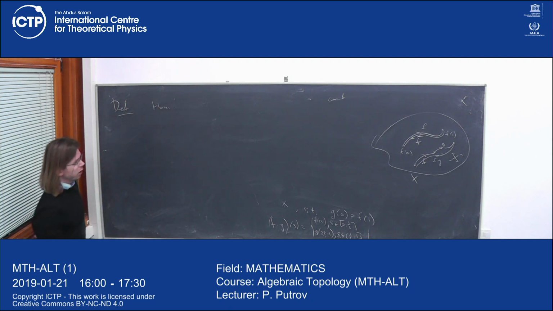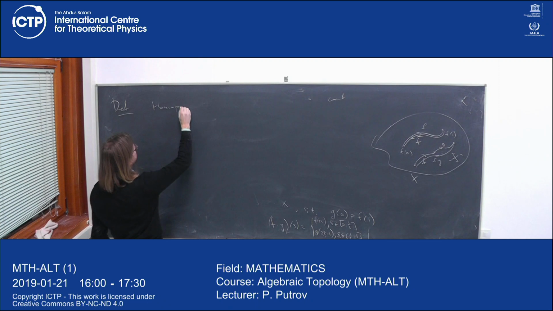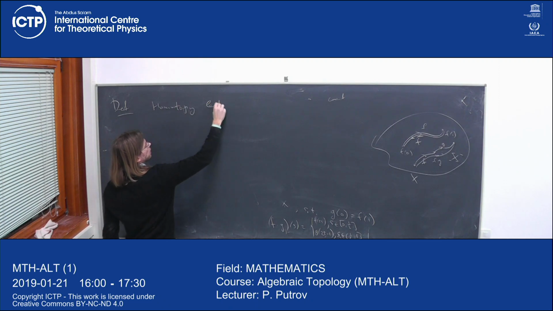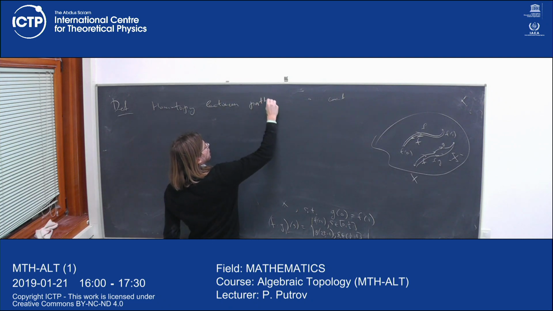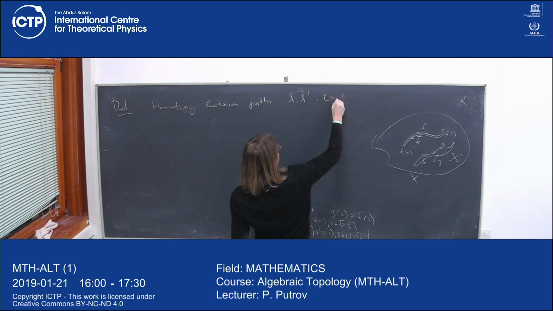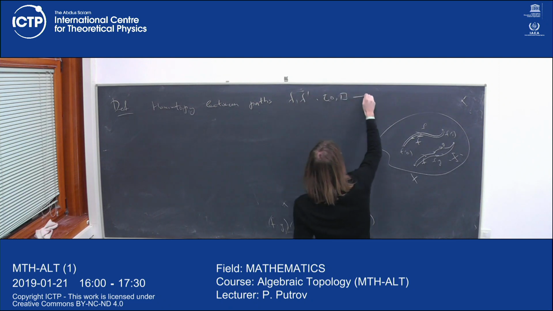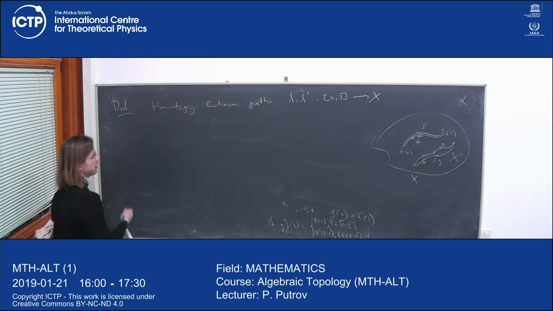So before we defined homotopy between just arbitrary functions, but now we want to define the homotopy between paths F and F prime. The definition is almost the same as between just maps, but with an additional condition.